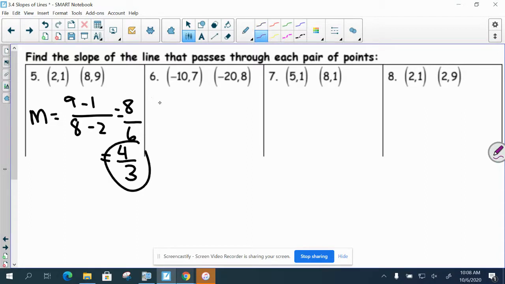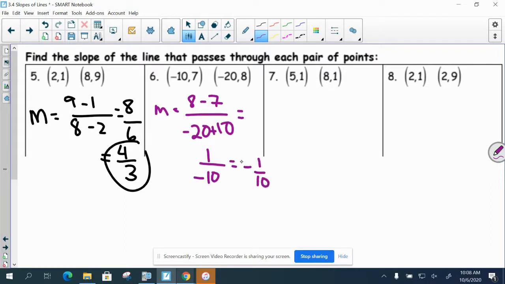For number 6, we would have 8 minus 7 over negative 20 minus negative 10. If you have minus negative, it becomes plus a positive. So then we would have 1 over, this would be negative 10. You could pull the negative out in front as negative 1/10.